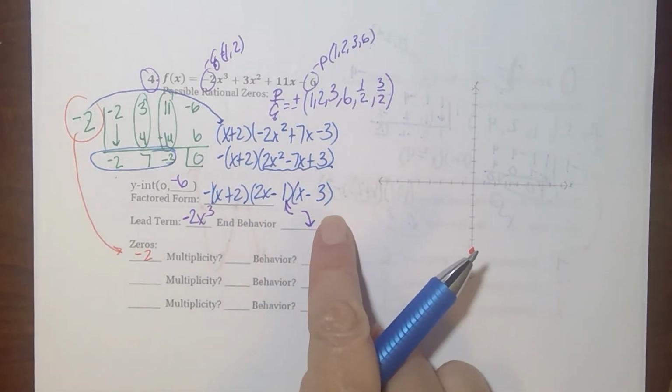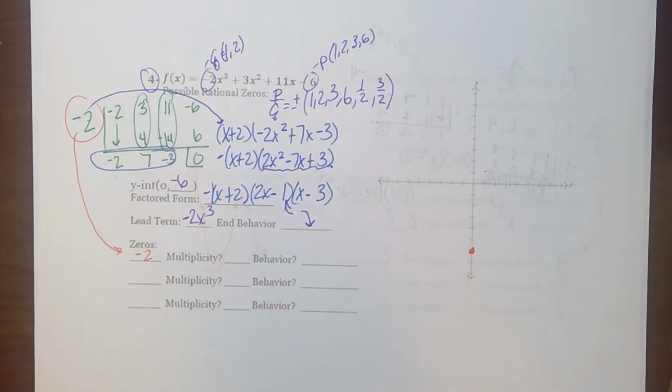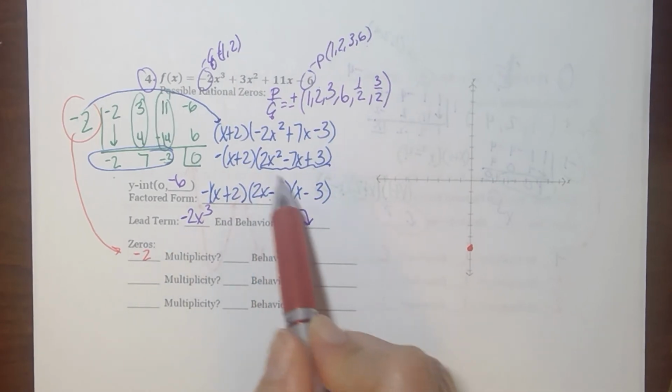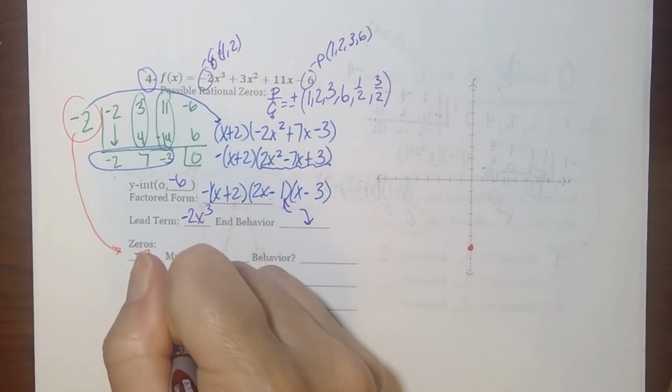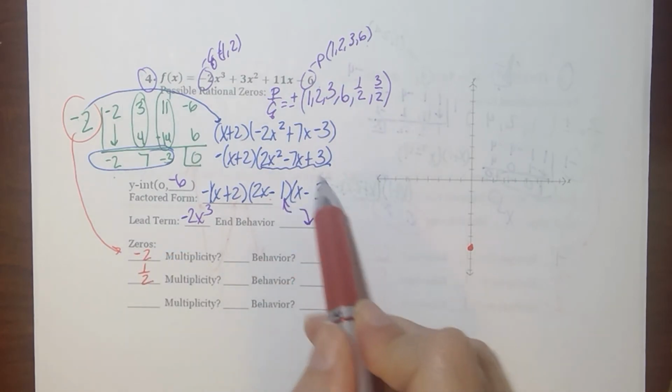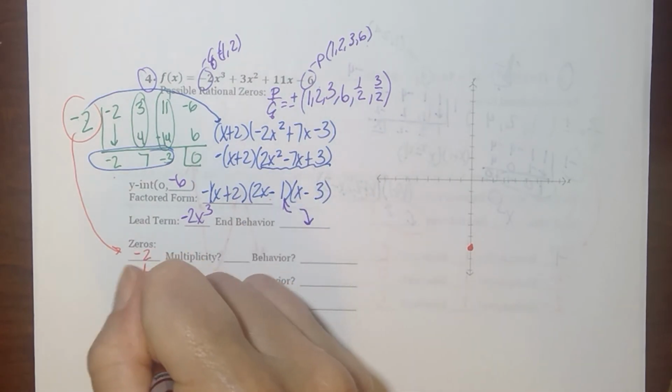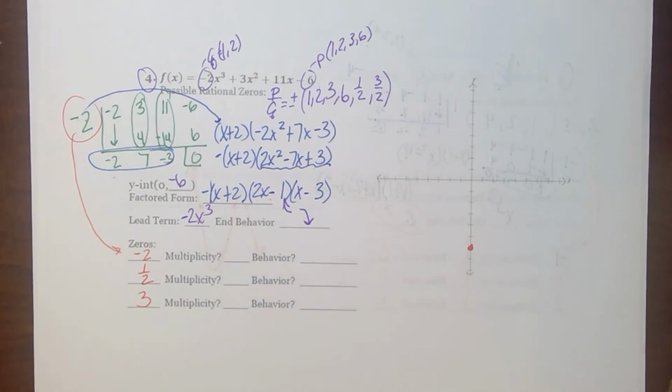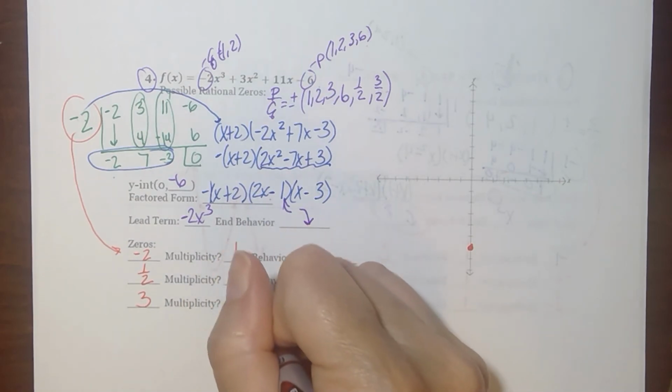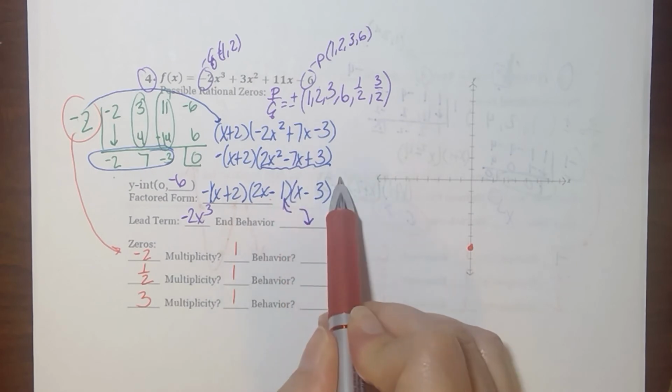This is factored form. We already know that we get negative 2 from this factor. This factor, if I set it equal to 0, gives me a positive 1/2. And this factor, if I set it equal to 0, gives me a positive 3. Those are my roots. Multiplicity on each is 1 because that's the exponent for each factor.